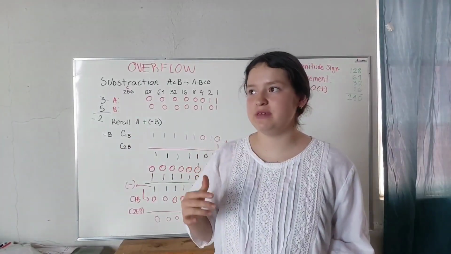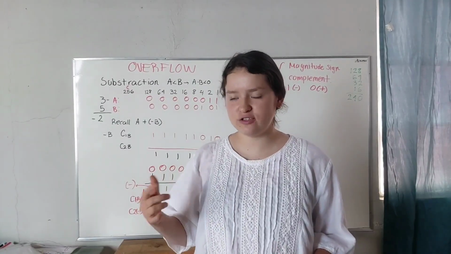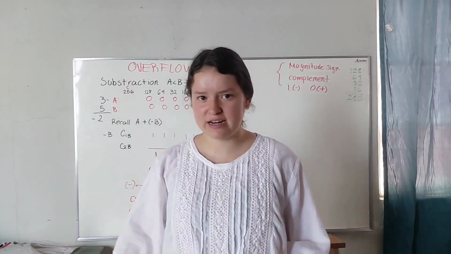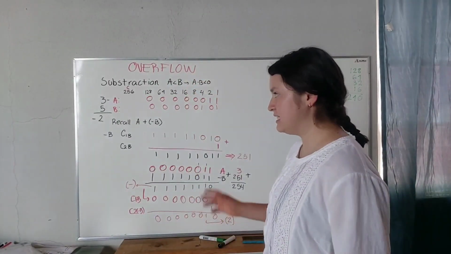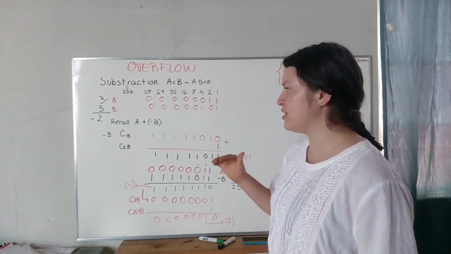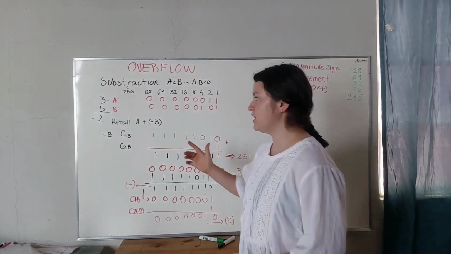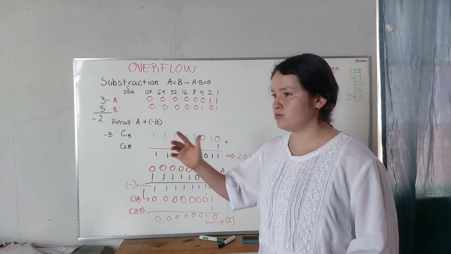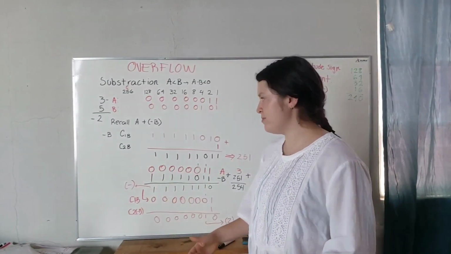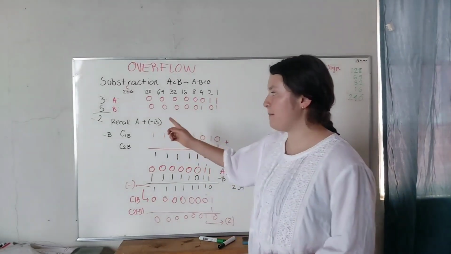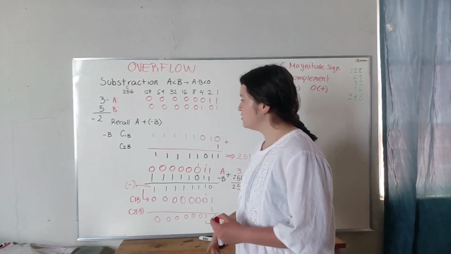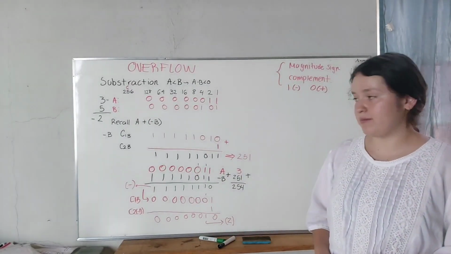If A is less than B, and we are subtracting B from A, we end in a negative result. Let's say A is 3 and B is 5, and we are subtracting them. Recall, we are not going to subtract because it's harder to sum negative numbers. So we are going to convert B to minus B to add it to A, with complement.